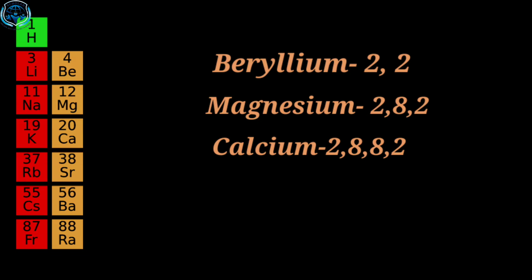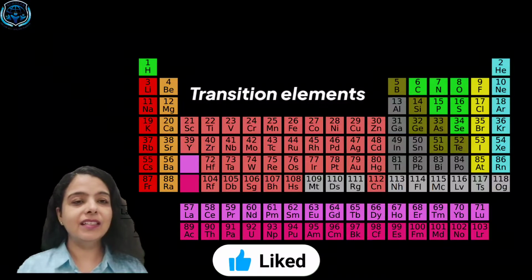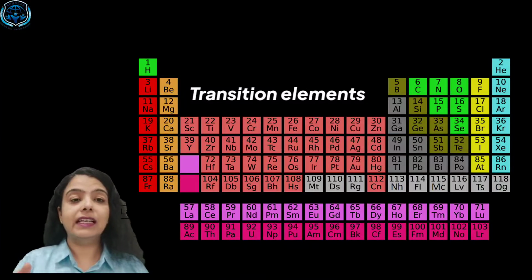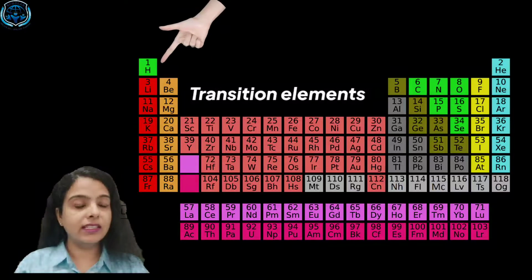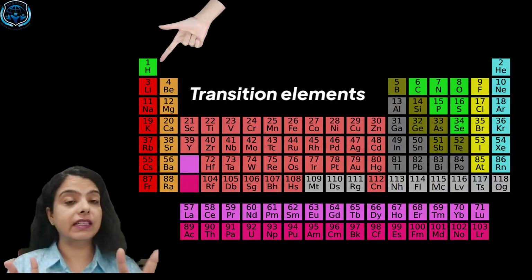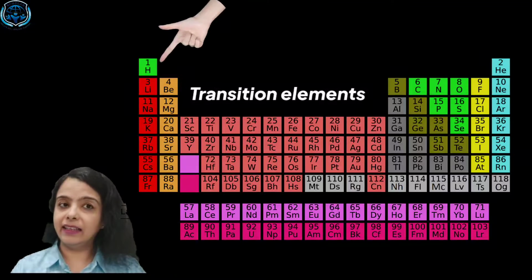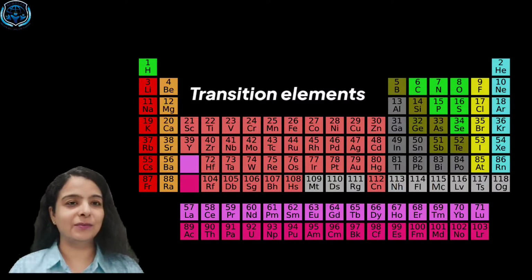In the outermost shell, there are 2 electrons. They have the tendency to lose the last 2 electrons to become stable. Transition elements are grouped in the middle of the periodic table, and transition means change. So metals are grouped on the left hand side of the periodic table in the first and the second group, that are alkalis and alkaline earth metals.